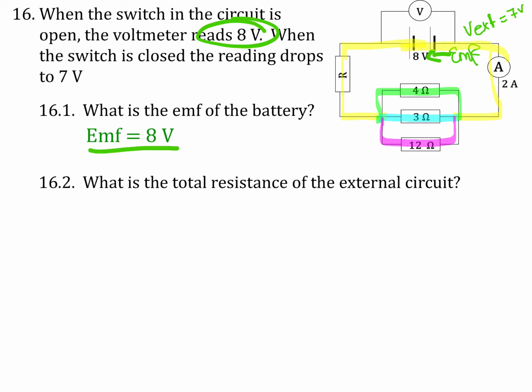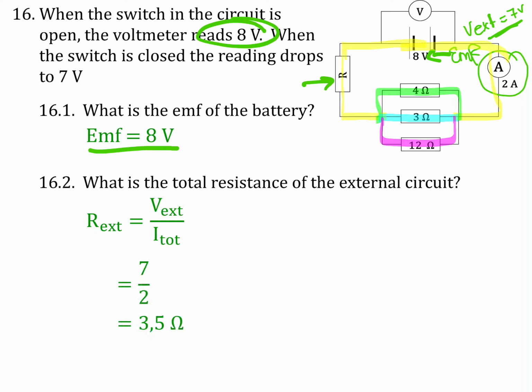Now this is very similar to what we did earlier. We have an unknown resistor, so I can't add all the resistors together, but I know the total external voltage, I know the total current, so I can get the total external resistance. 7 divided by 2 is 3.5. So R external is 3.5.